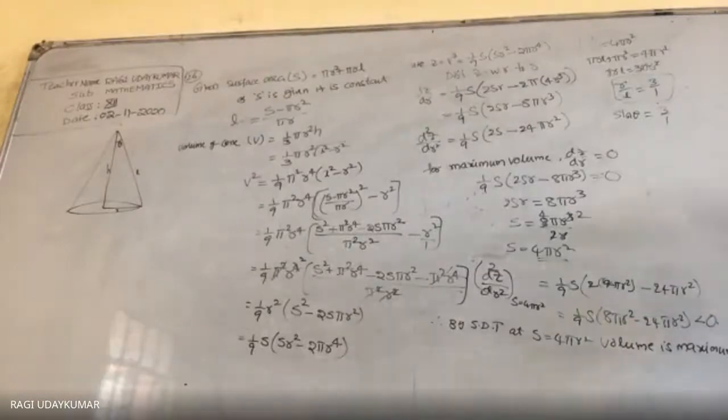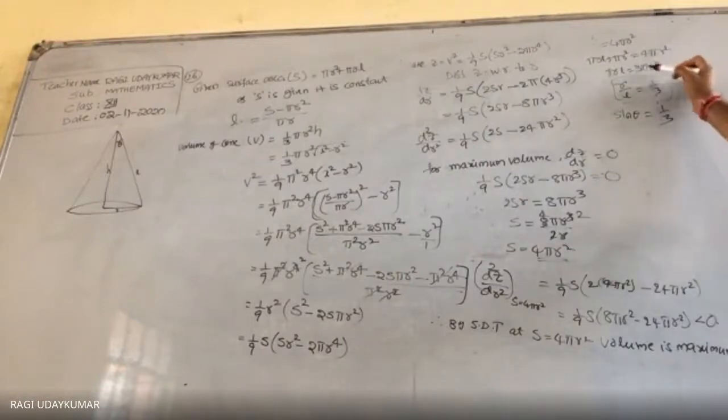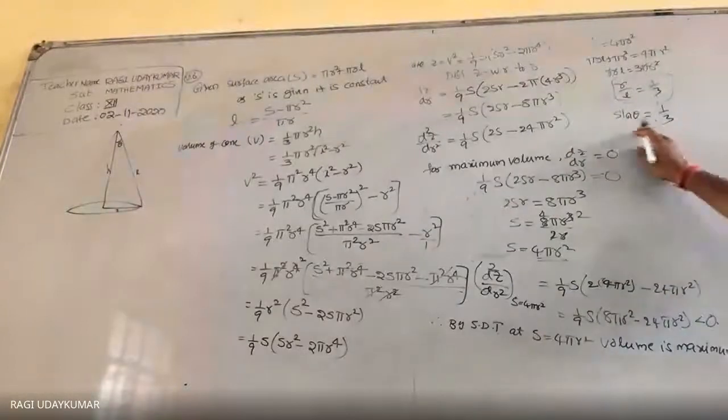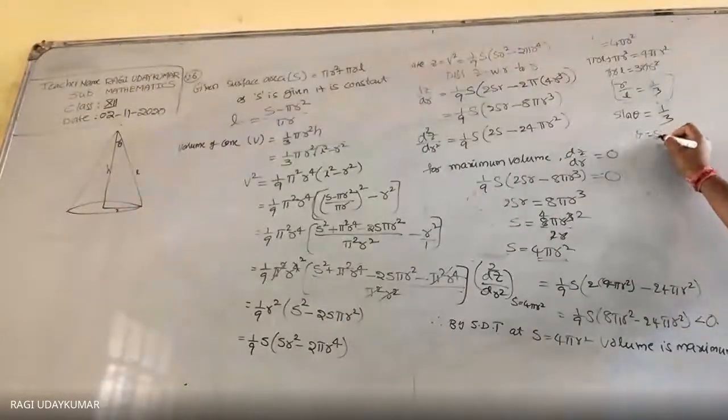Sorry, 1 by 3 will come, right? r by L is 1 by 3. L is this side. So sin theta is equal to 1 by 3. Therefore, theta is equal to sin inverse of 1 by 3.